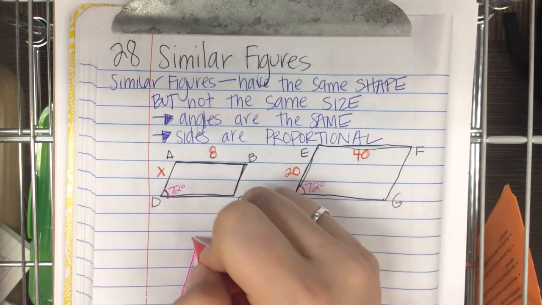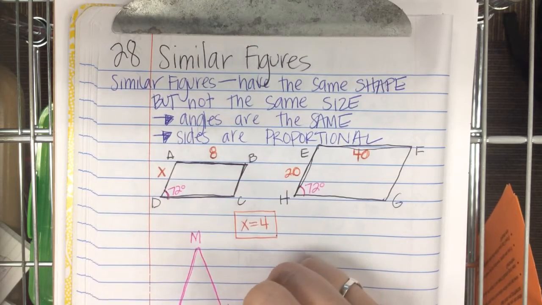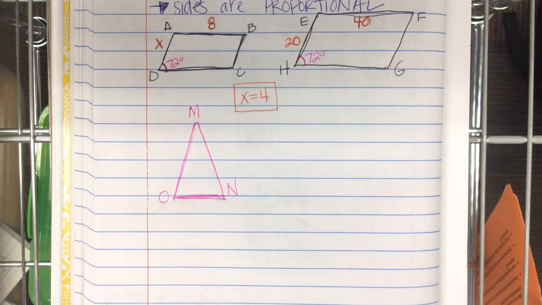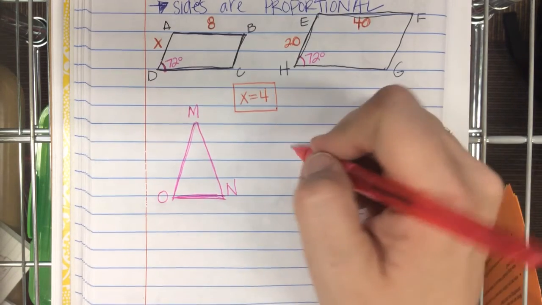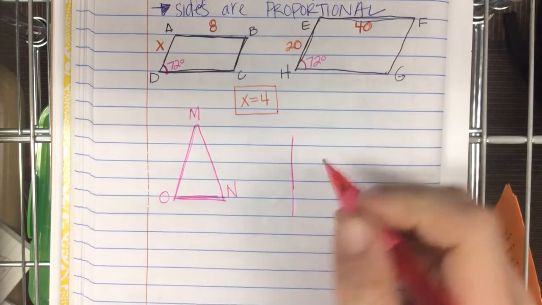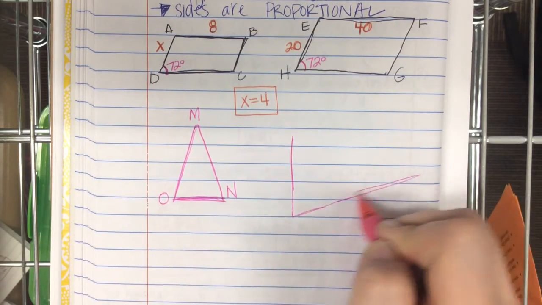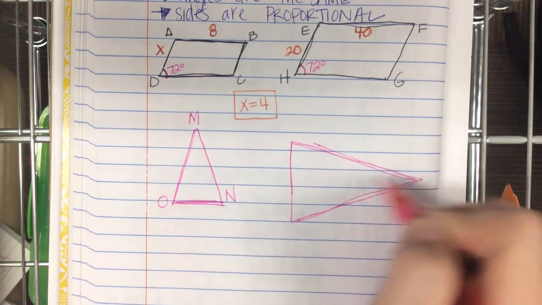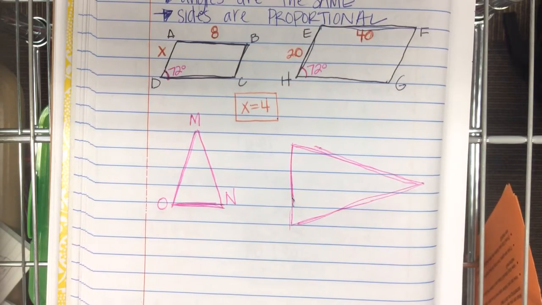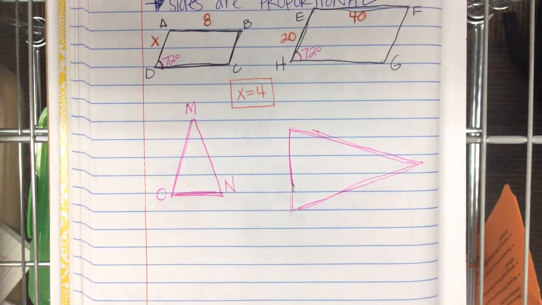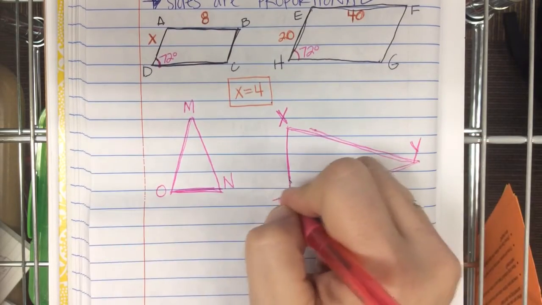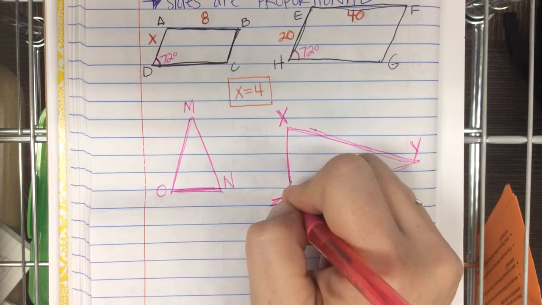Here's a triangle, M, N, O. And this other one is going to go this way, and this is X, Y, Z.